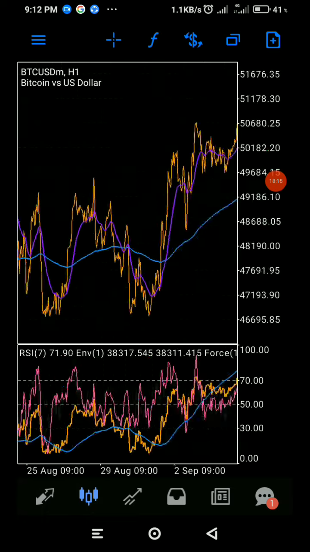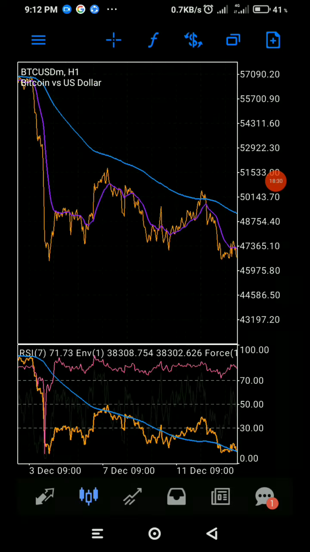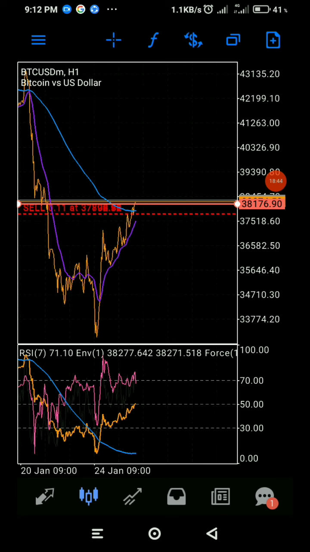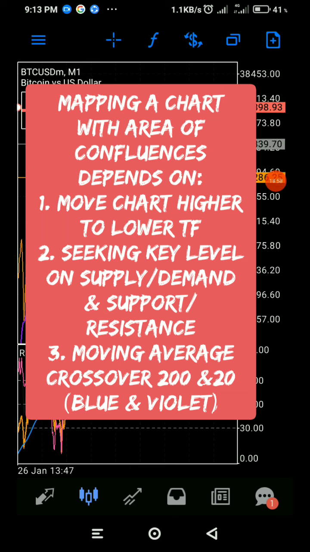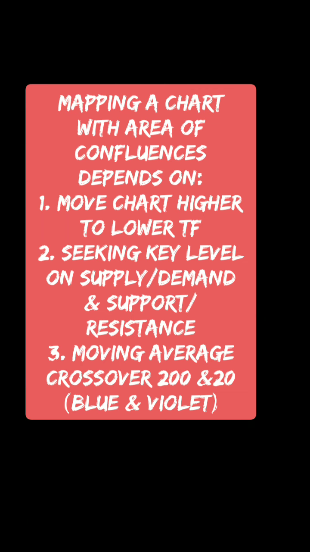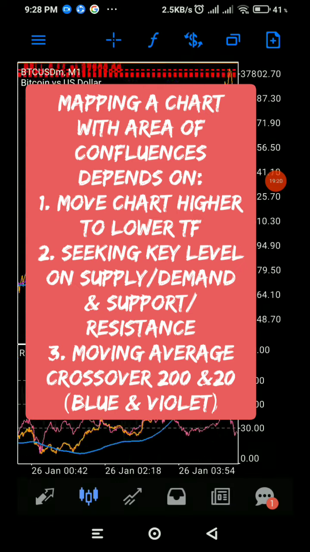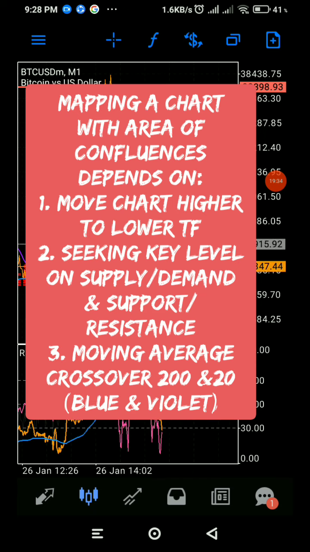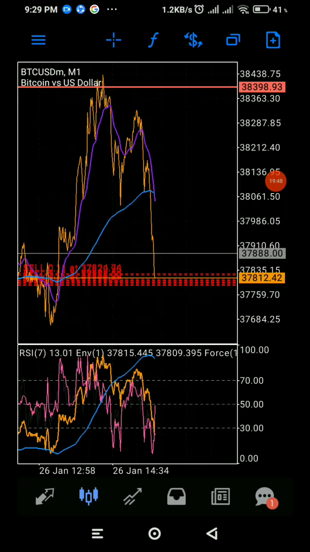So to map the area of confluence, you have to move your time frame from M1 to H1, so you can see the area of value. And I'm coming back to M1 again, and price is now coming down from this level, and price is now just entering the entry level.